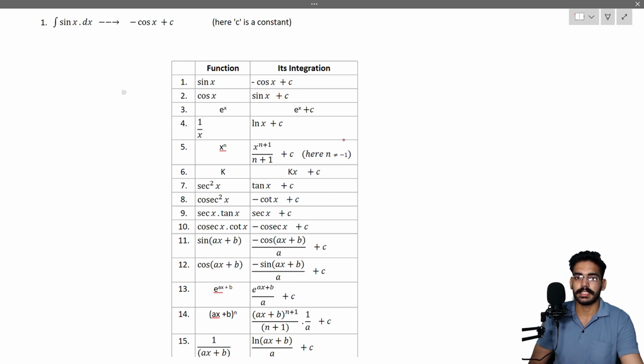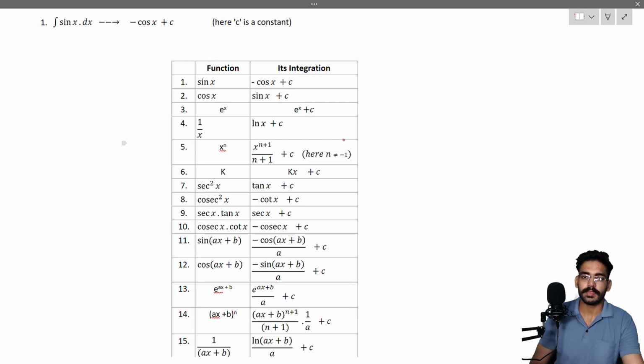So the integration of sin x will be minus cos x, the integration of cos x will be sin x, the integration of e to the power x is e to the power x plus c, and the integration of 1 by x is ln x plus c. The differentiation of ln x is 1 by x, so the integration of 1 by x is ln x plus c. The integration of x to the power n is x to the power n plus 1 divided by n plus 1, plus c. If you differentiate this function you will get x to the power n.